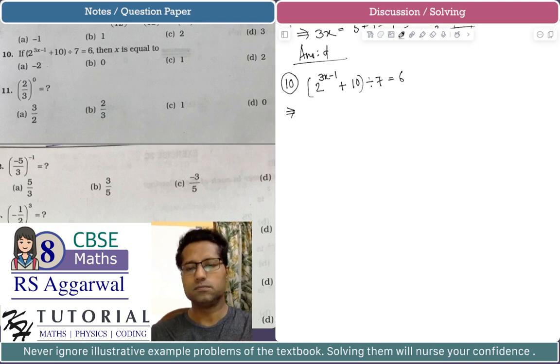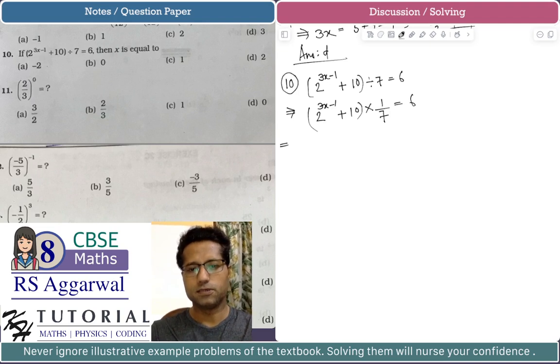Now this is nothing but 2 raised to the power 3x minus 1 plus 10, now divided by 7 means multiplied by the reciprocal of 7, that is 1 by 7. This is equal to 6.